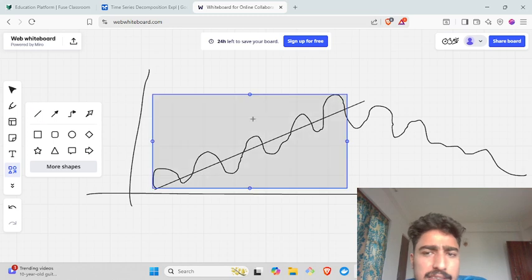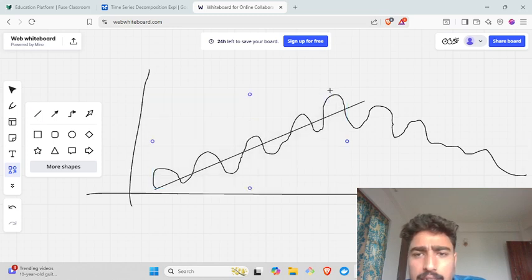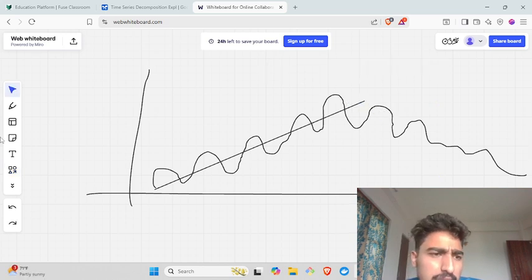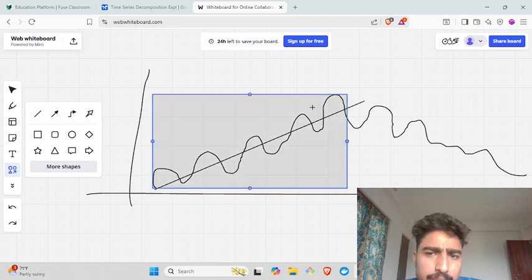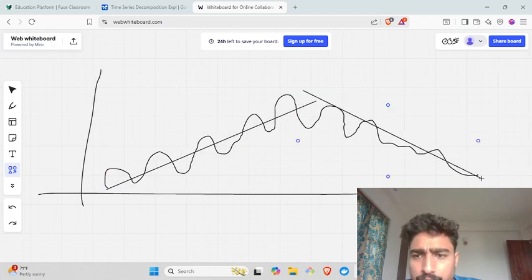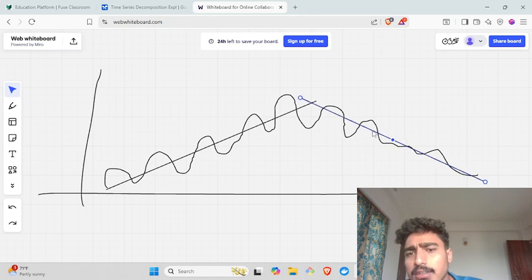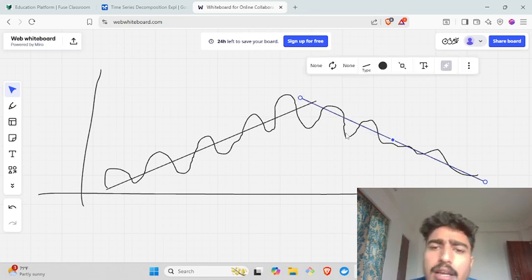Our trend then comes with a downward trend.